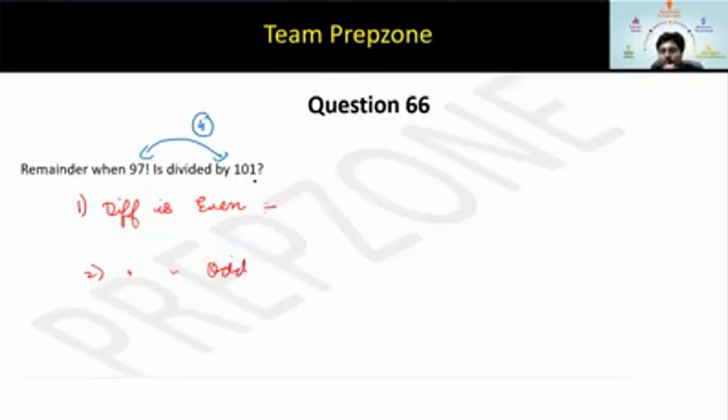When the difference is even, you will simply divide this 101 by the difference is 4, so you divide by 3 factorial, 1 less than the difference. So what will be this value? Quickly tell me. Approximately, what will be this value? 16 point something, 16.9 or 8, whatever.